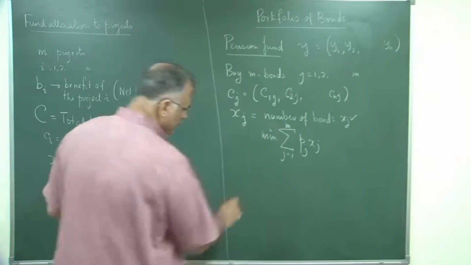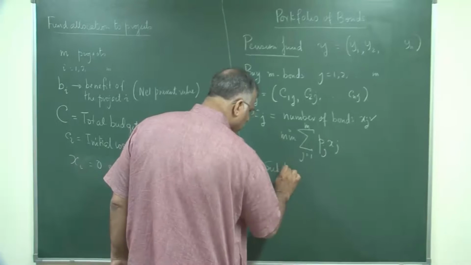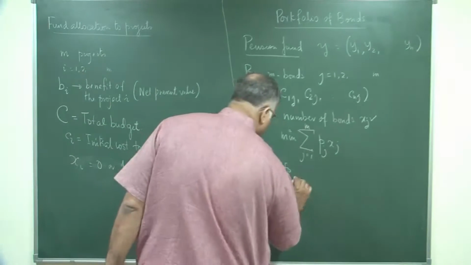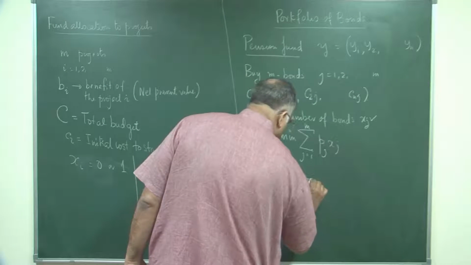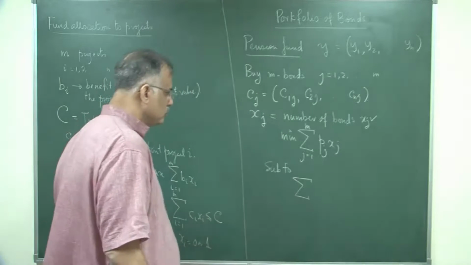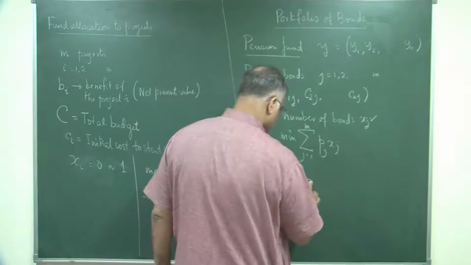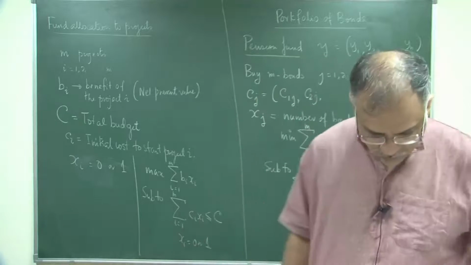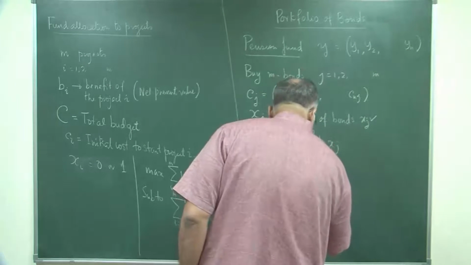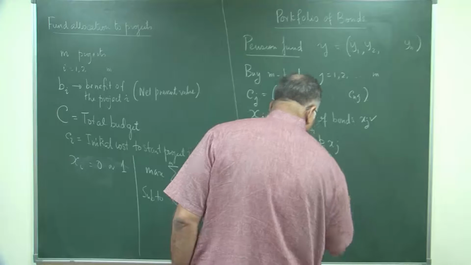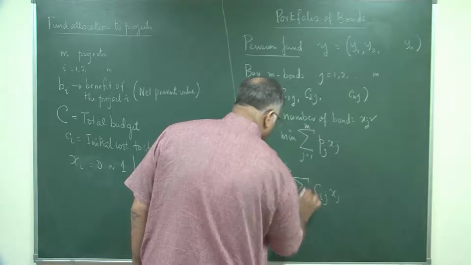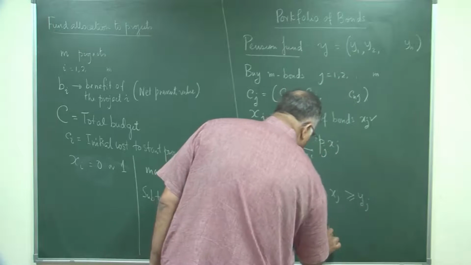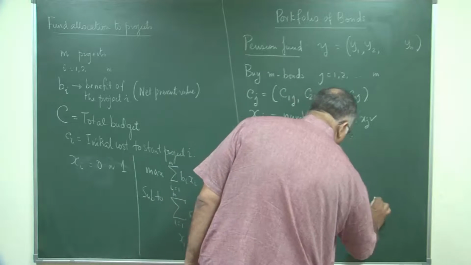But this I have to do subject to the following: the sum of CijXj, j equal to 1 to m, must be greater than or equal to Yi, and Xj, the amount of bonds, is greater than or equal to 0, for i equal to 1 to m.